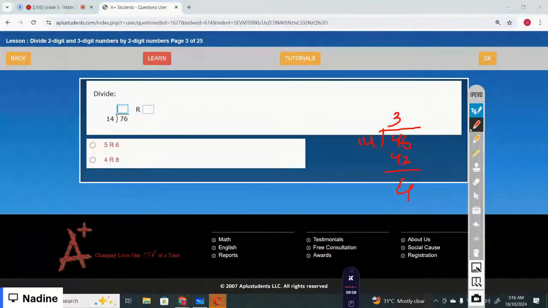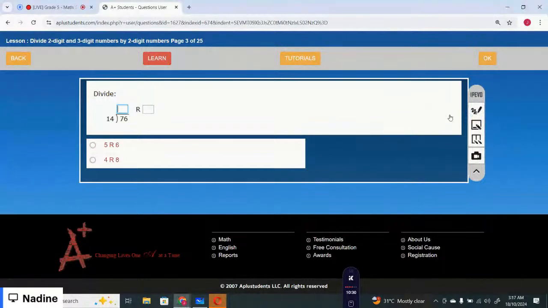Okay, so you have to divide 76 by 14. 14 times 5 is 70, right? And you have the remainder 6. The correct option is 5 R 6. Option number 1 is the correct option.